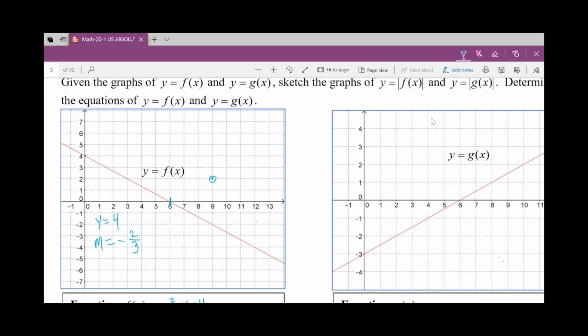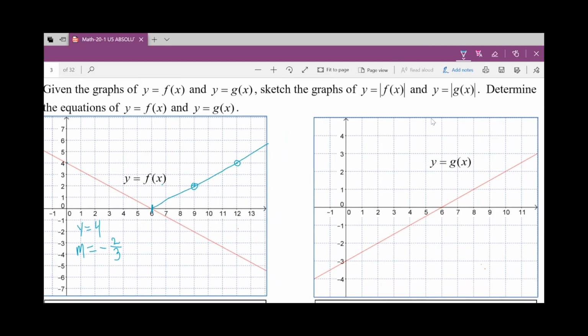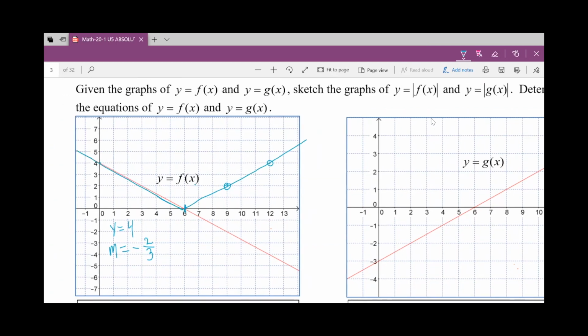Here's a lattice point that's 1, 2, 3, 4 below; it'll go 1, 2, 3, 4 above. So the graph of the absolute value is going to look like that. All negative y values after x equals 6 are reflected about the x-axis.